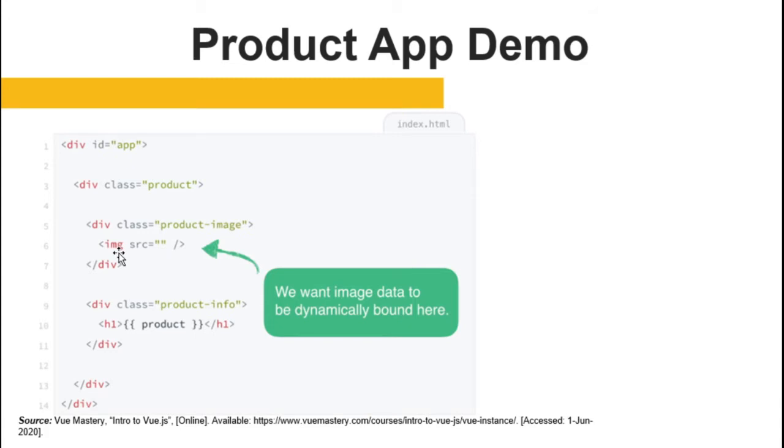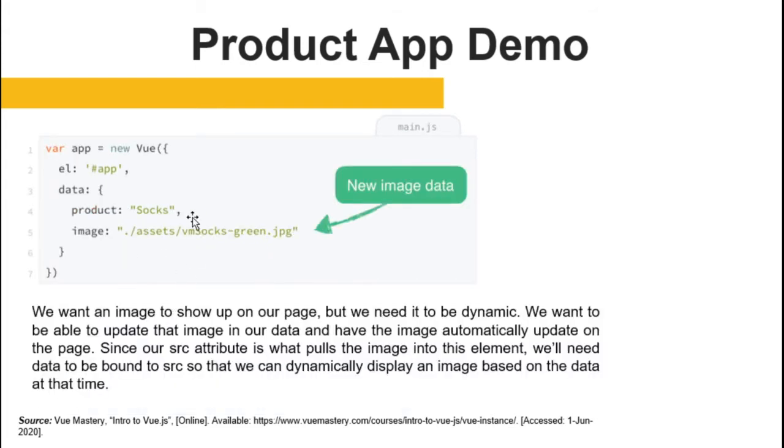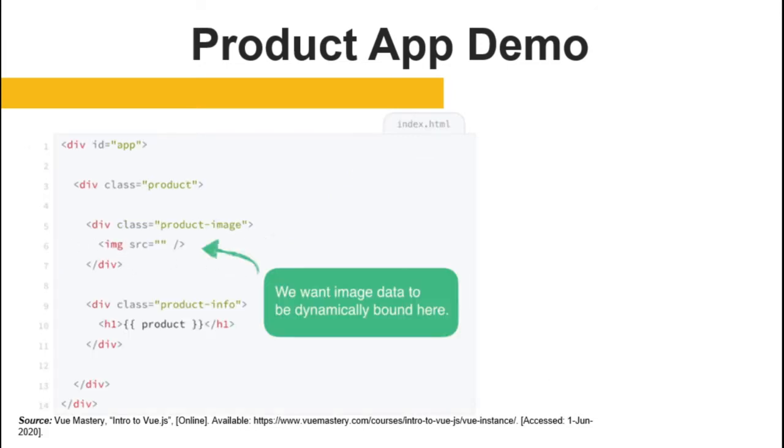But since we are using Vue.js, we want it to be dynamic. Instead of directly putting the URL of the image here, which is static, we will put the value inside our Vue instance, and Vue.js will be the one to bind this value inside our image tag.